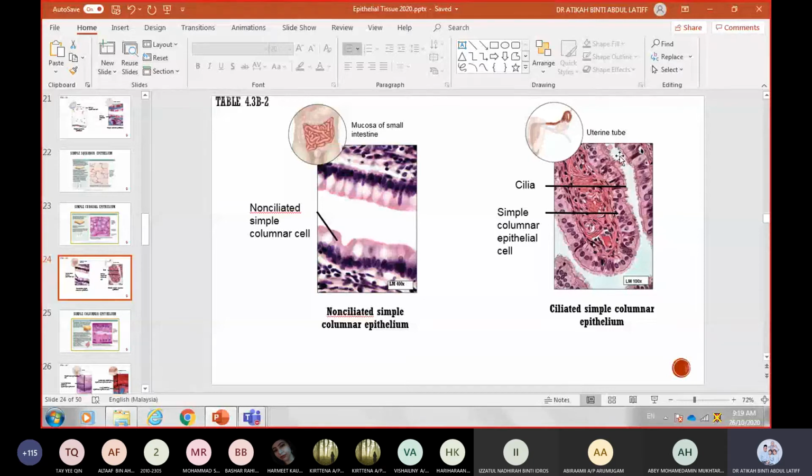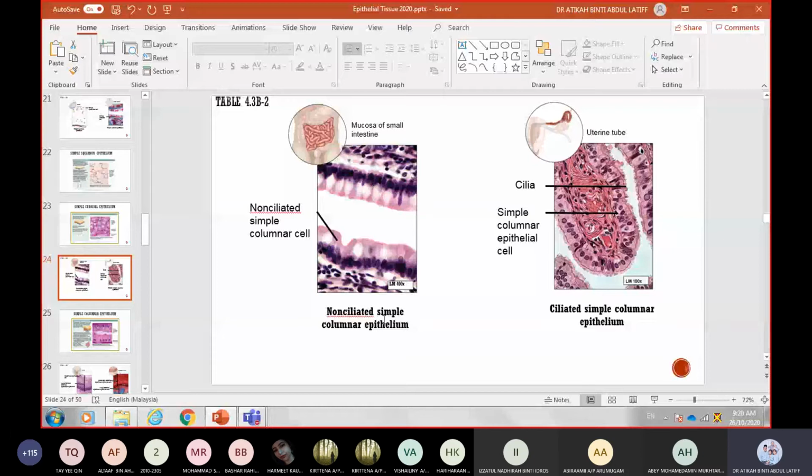For example here, the cilia help to move the ovum inside the uterine tube. I mentioned here, this is the ovary, this is the uterine tube or fallopian tube. So once there is a release of an egg, the cilia inside this lining epithelium will help to move the egg towards the uterine cavity for fertilization.